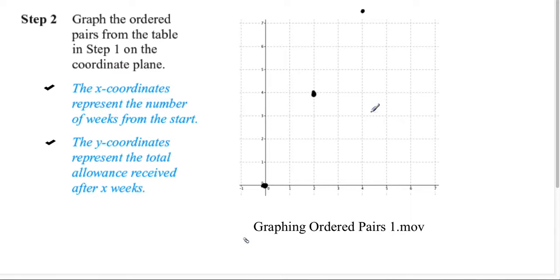Okay, so that's what we do. We graph them in a coordinate grid. My coordinate grid is too small, so 6 over 12 will be way past the screen. So that's step number 2.